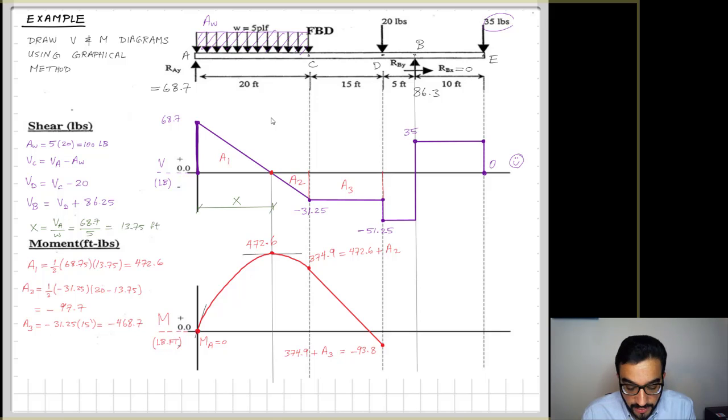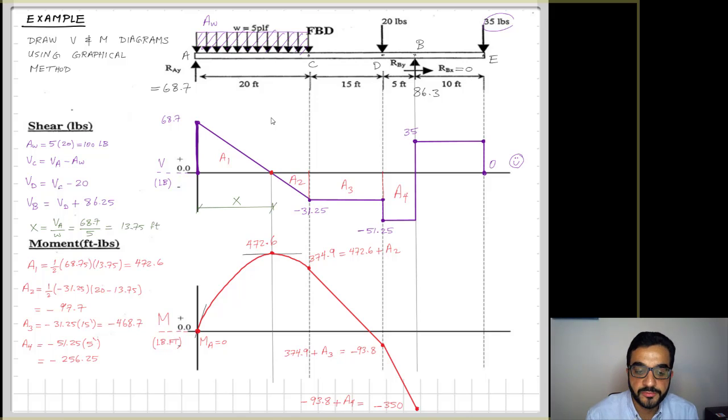And then the next point of interest is point B, so I'm calculating A4 for that rectangular shape, and I will find that A4 is equal to negative 256.25. So this means I'm dropping more in the negative, and you can see the rate of dropping is increasing.